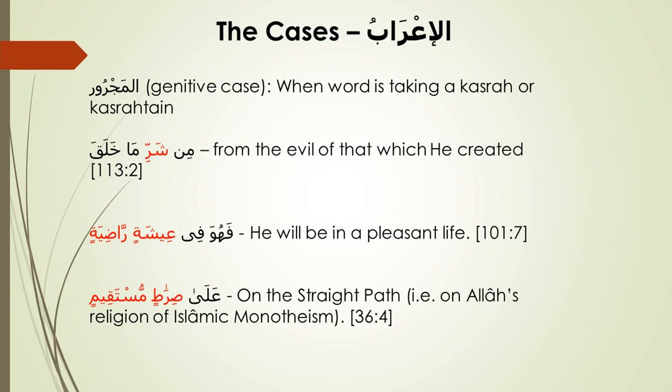And the last case will be majroor. This comes in the Medina book. These are caused by huruf jar. So that which takes a kasra or kasratain will be majroor. Min sharri ma khalaqa. Min, from sharri. Sharrun meaning evil. Min sharri, from the evil. Ma khalaqa, that which he created.